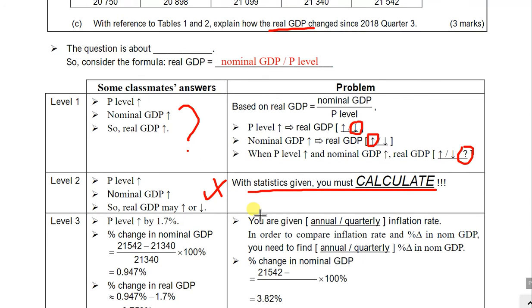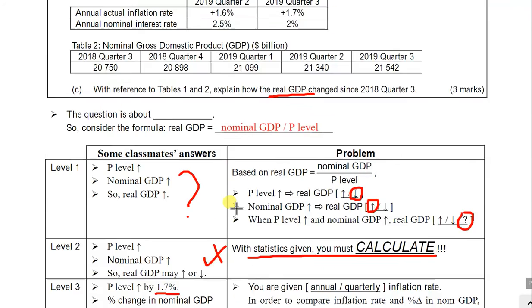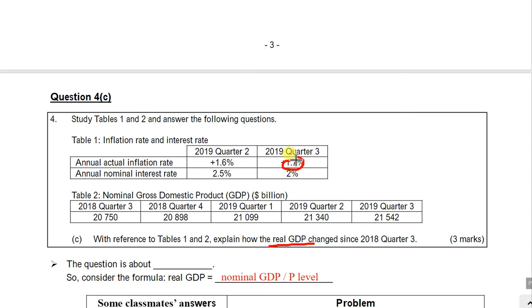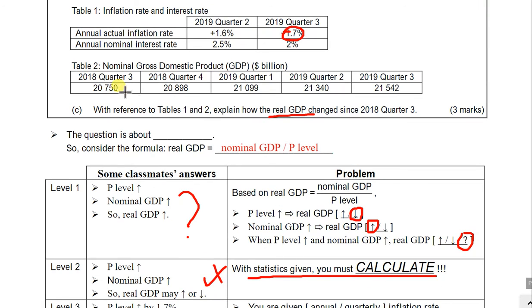And some of the better students, you know you have to do the calculation, and you now do the calculation. For price level, no need to do because the question already gave you this 1.7%, right? So this is the percentage change in the price level. How about the nominal GDP? You only have the absolute values of the nominal GDP, but you haven't got the percentage change. And some of you know that you need to calculate the percentage change, right?